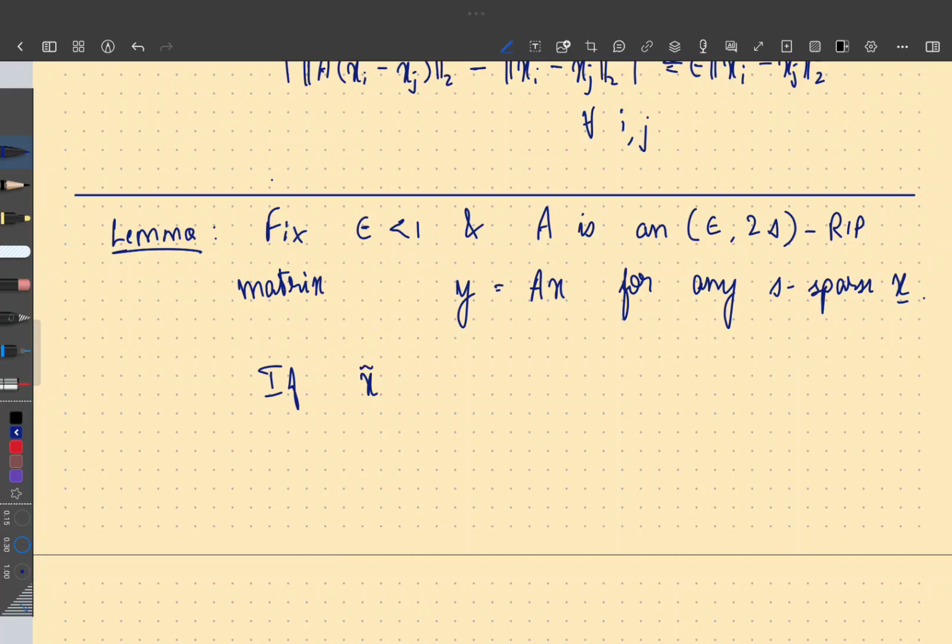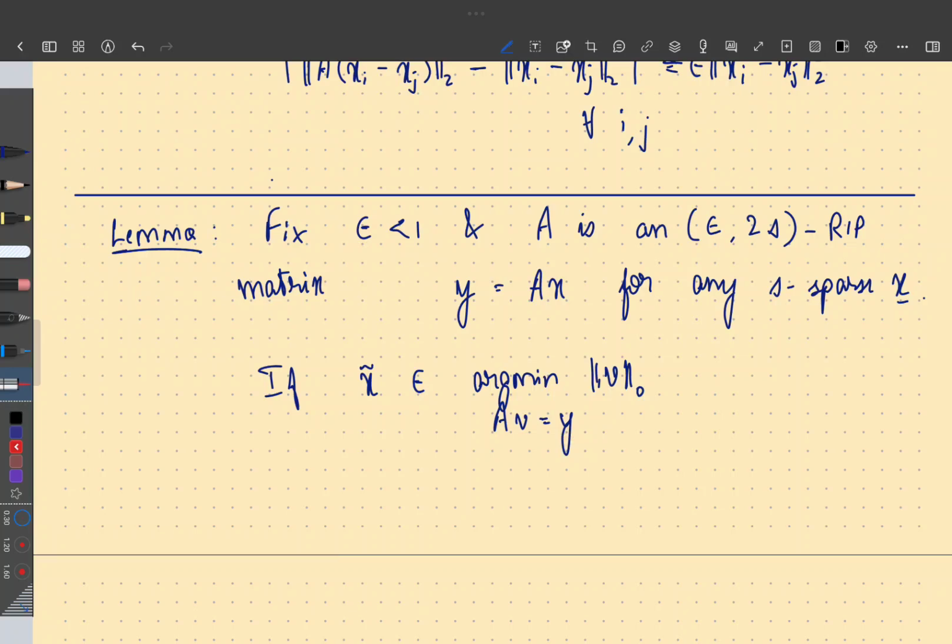Suppose that we have x tilde, and let's say that we solve this optimization problem: you minimize the L0 norm of v subject to the constraint that A times v is equal to y.